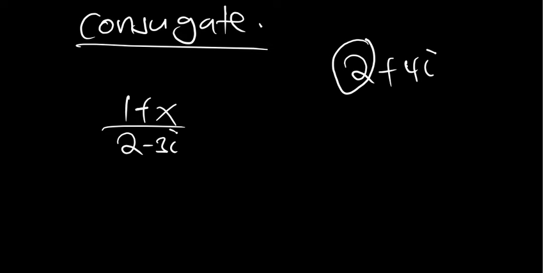Okay. Now, if I give you 2 plus 5i, what is the conjugate of this? 2 minus 5i. Okay. Perfect.